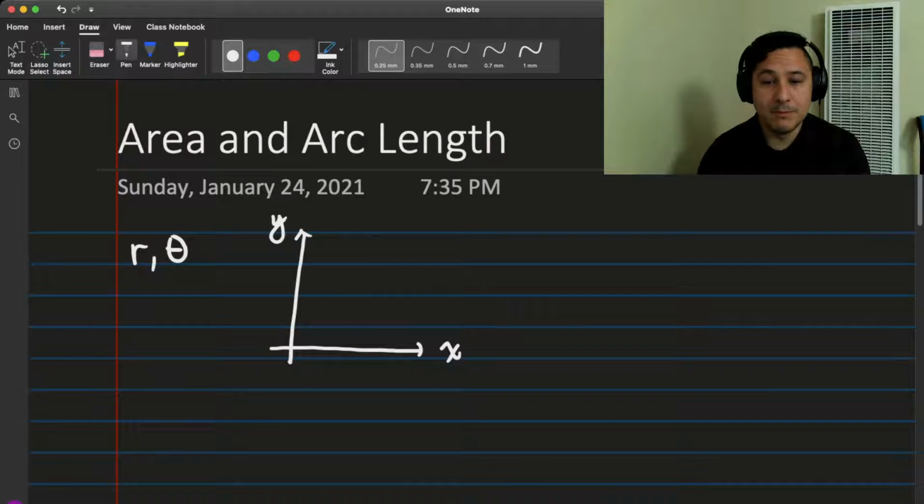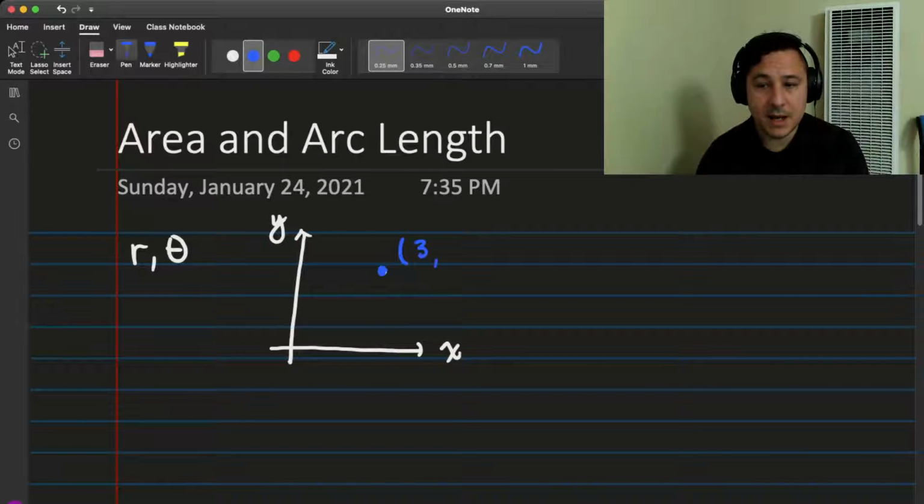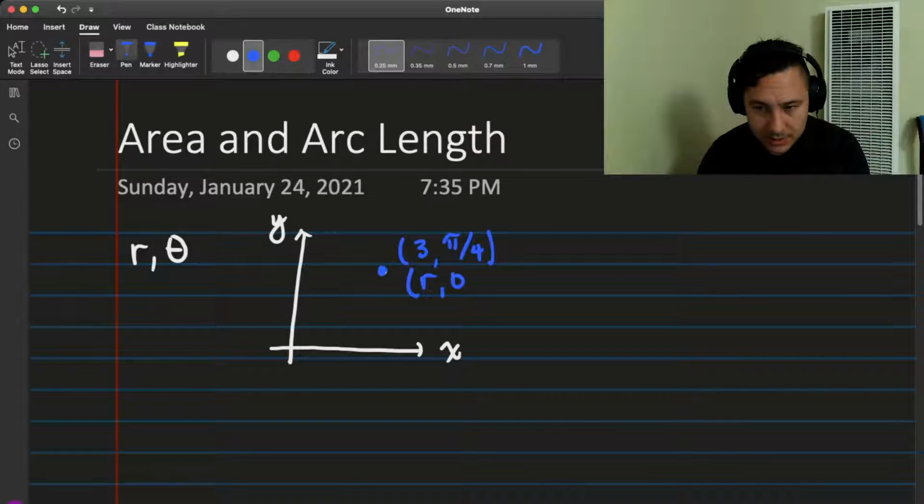If you have some point, let's have it be blue. Let's say this point is 3 comma pi over 4. So that's in polar coordinates.